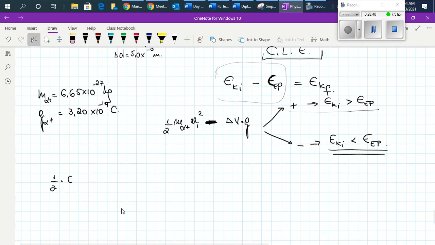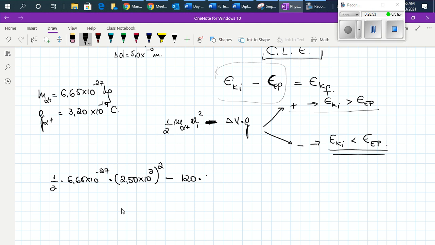1/2 times 6.65 times 10 to the power of negative 27 times 2.50 times 10 to the power of 3, the whole thing to the power of 2, minus 120 times 3.20 times 10 to the power of negative 19. And this in your calculator will be negative 3.84 times 10 to the power of negative 17 joules.